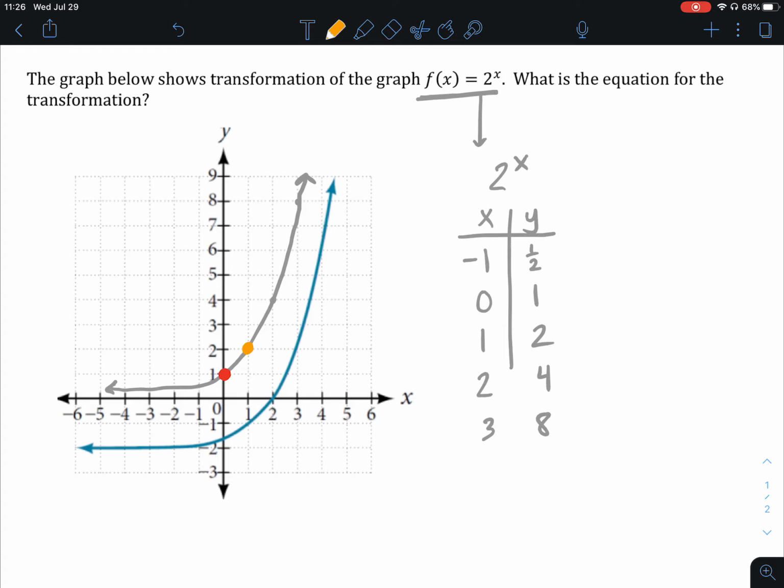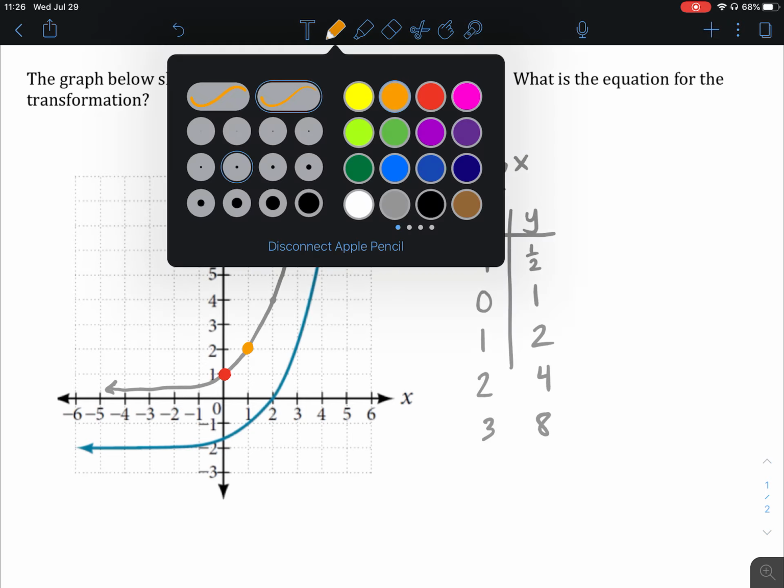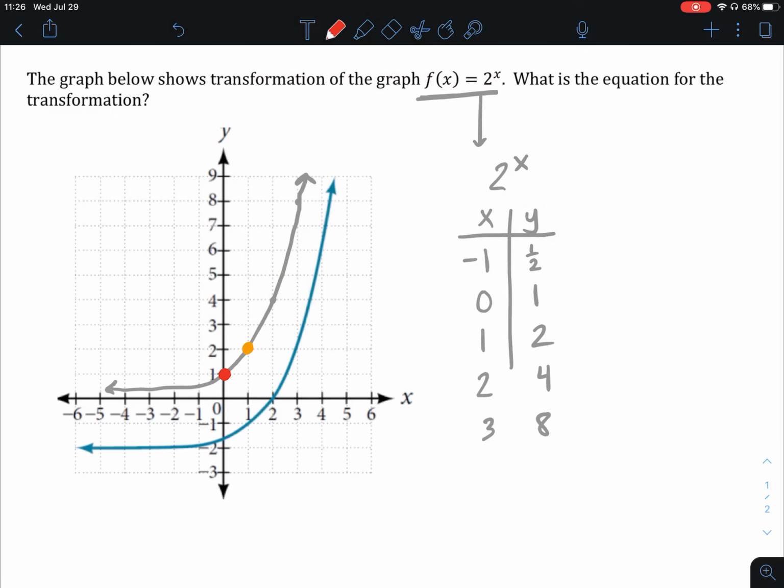But can I find a place on the transformed graph where I see that same relationship of moving from a point up 1 over 1? So what I mean by that is, I notice that if I lock in on this point at 1, -1, then I do move up 1 over 1 to get to the next point on that transformed curve.